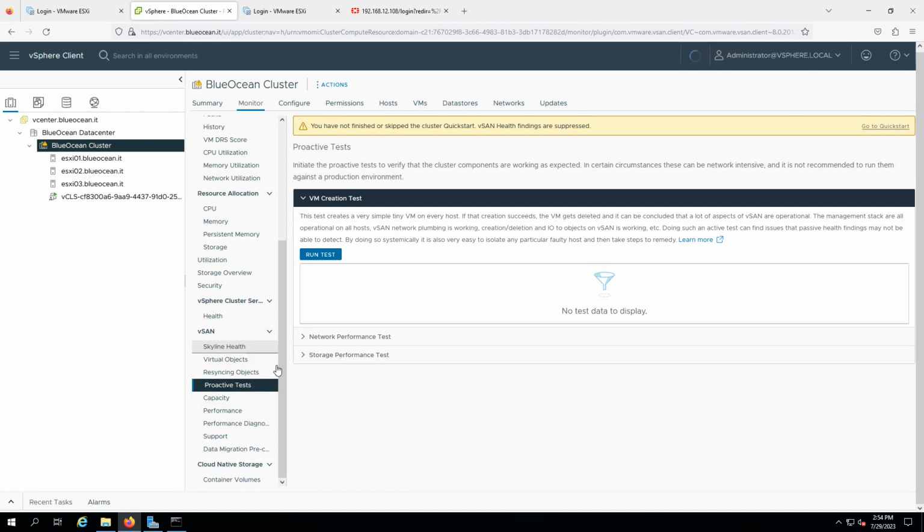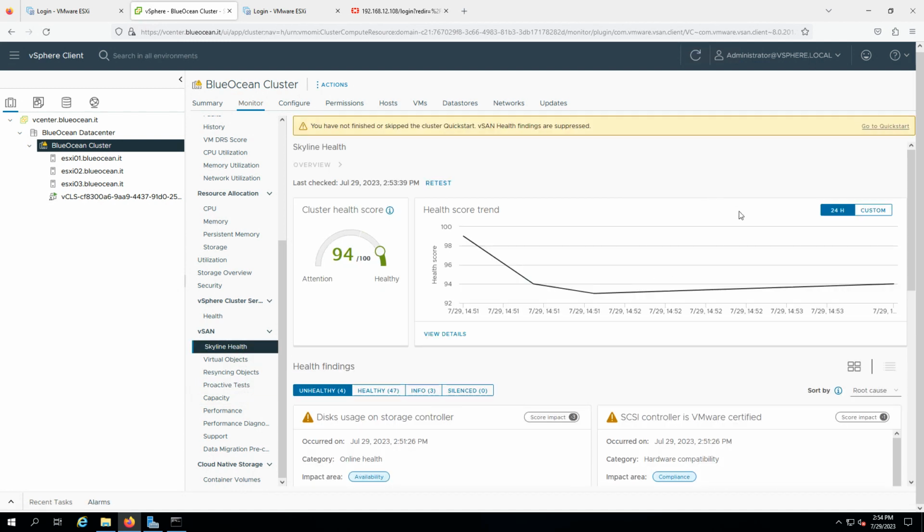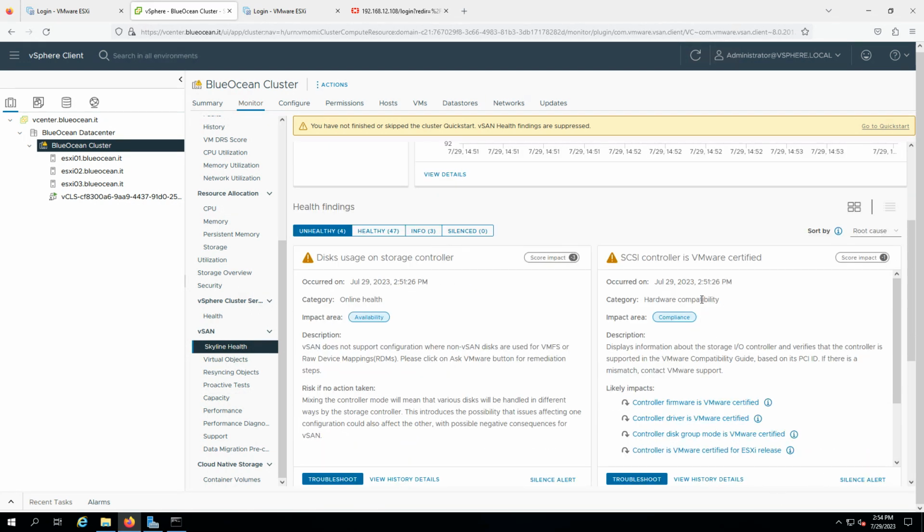There's Skyline Health, where you can see your whole environment and it provides you recommendations. It can say, for example, that my disks are not VMware certified. It can say if you need to upgrade the firmware or the driver, so you can do it.